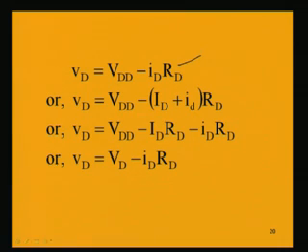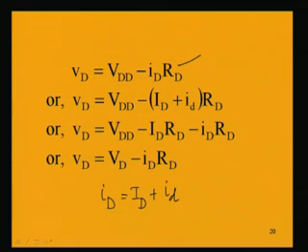Now, that can be further written down by noting the fact that small i capital D is equal to capital I D plus small i d. So, replacing this instantaneous current small i capital D by capital I D plus small i d, we are rewriting the equation.